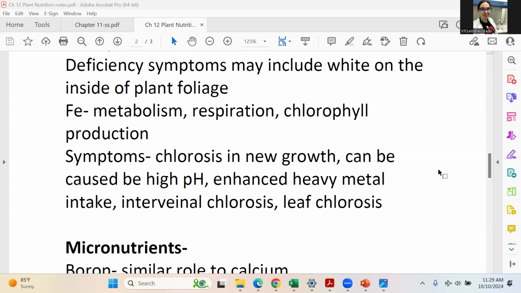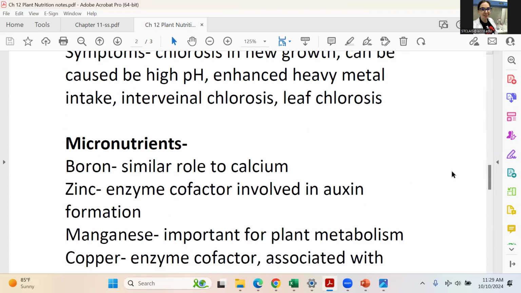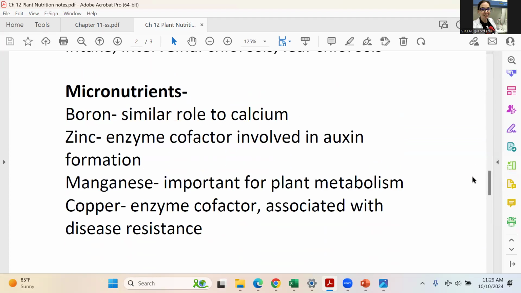So the difference here being that the chlorosis is in the new growth as opposed to with nitrogen. And the micronutrients are also called the trace elements. The trace elements are needed in small amounts or trace amounts within the plant.